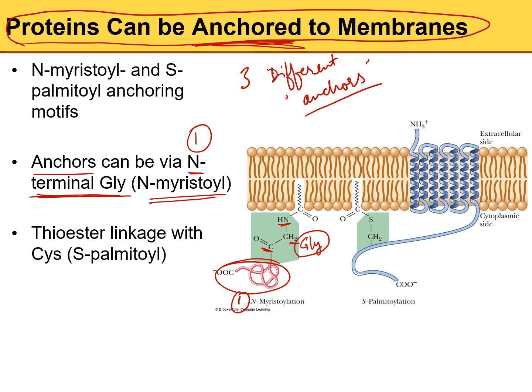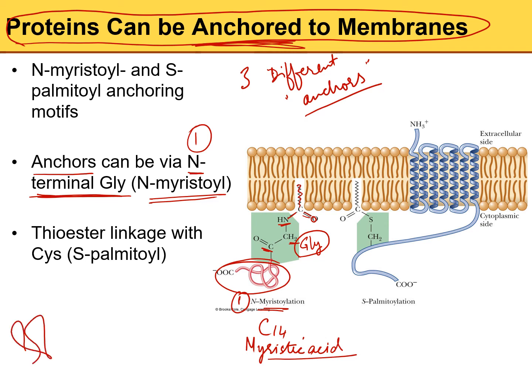So what happens? The amino group of the N-terminal glycine forms an amide bond with a carboxylic acid, and this carboxylic acid is normally a C14 fatty acid, which is called myristic acid. If you go back to the fatty acid slides, you'll find the C14 called myristic.